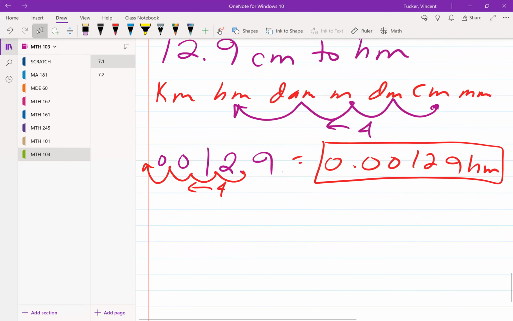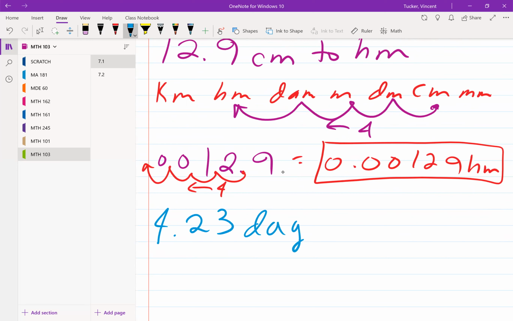All right, let's do another one. Let's go 4.23 decagrams to centigrams.